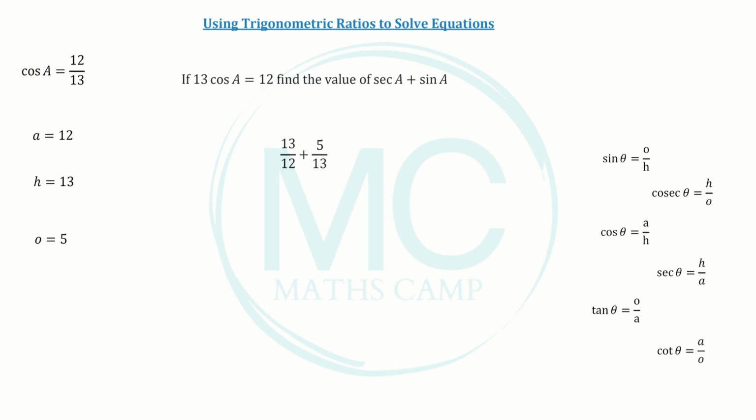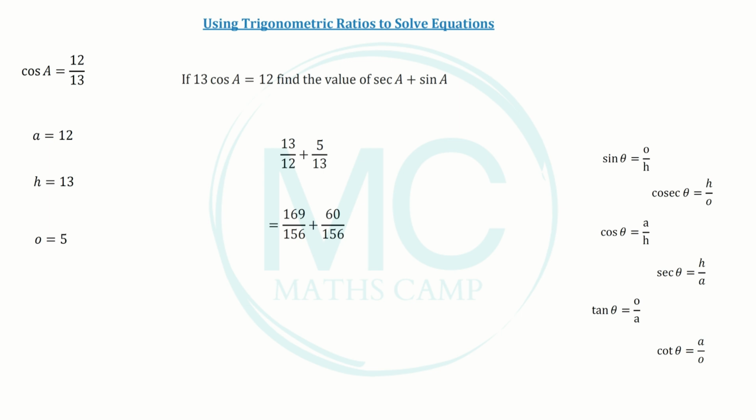So let's multiply our first fraction by 13, and we can say 13 multiplied by 13 is 169 over 12 multiplied by 13, which is 156, plus, for our second fraction, we need to multiply both top and bottom by 12. 5 multiplied by 12 gives us 60 over 13 multiplied by 12, which is 156.